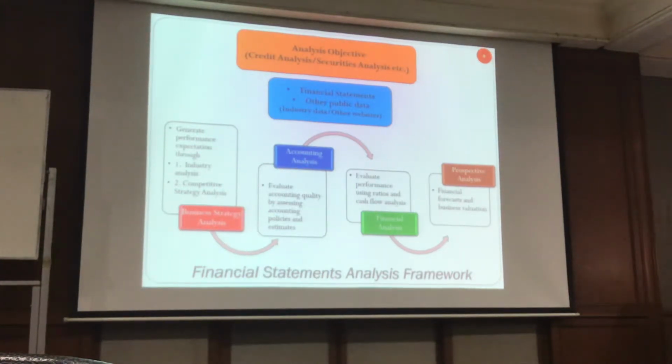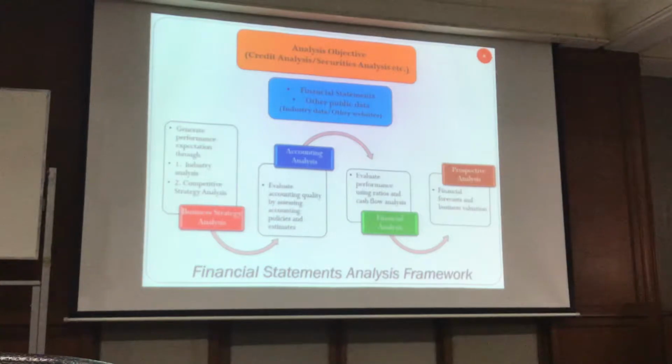After you identify the objectives, what you're going to do next is try to collect the data. You can get the data from the company and from outside the company. In terms of the company, you have lots of sources as well: financial statements, annual report, management discussion and analysis. Gather all those things.